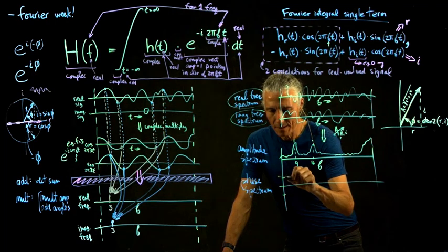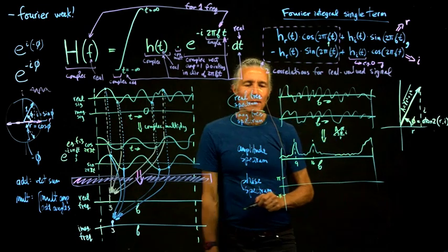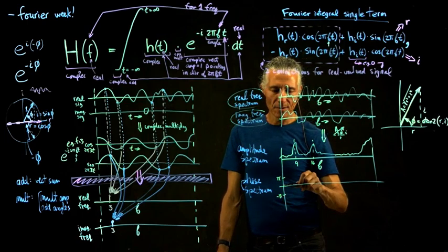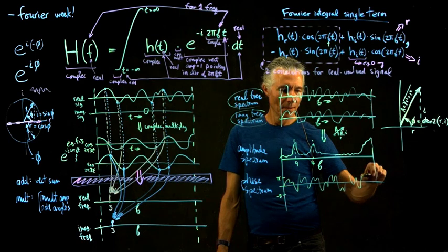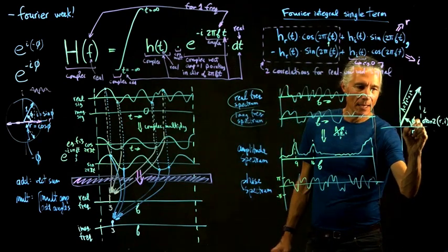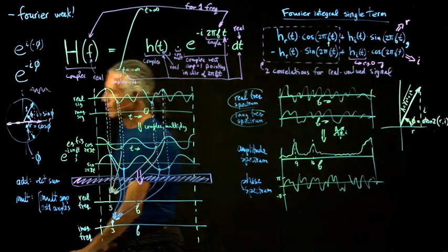The phase will vary between, say, pi and minus pi, like between 180 and minus 180. For each one of these numbers, there'll be a phase also. And that phase angle tells you what angle that amplitude was at.